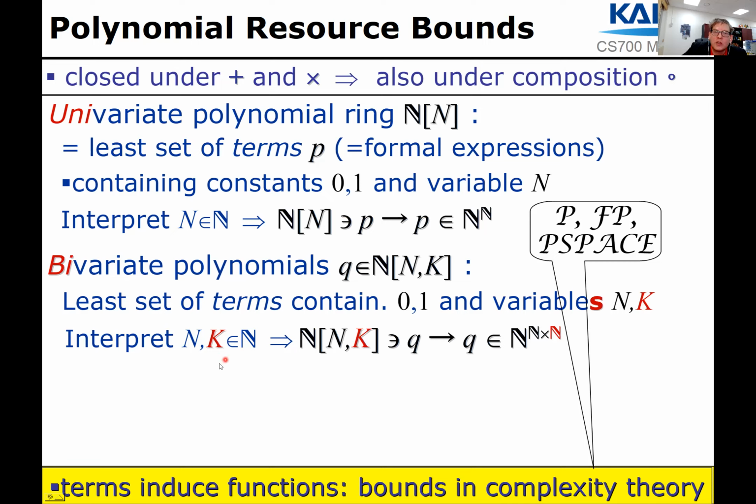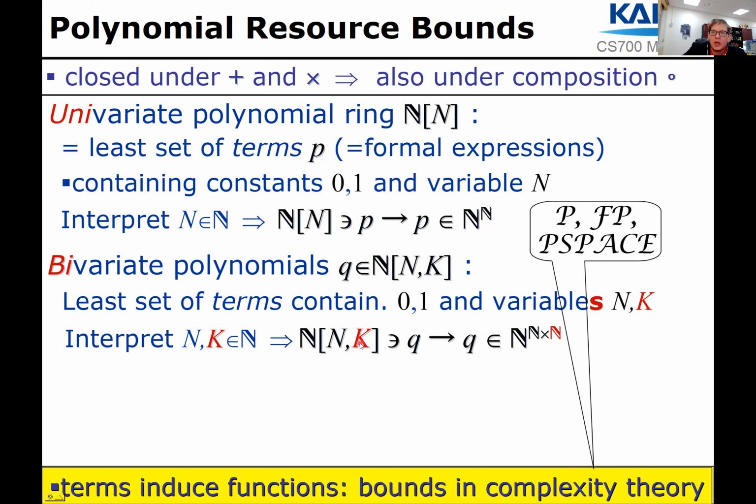Bivariate polynomials induce bivariate functions when we interpret both the variables n and k as natural numbers. Then the result will be another natural number. So this is a polynomial interpreted or identified with a bivariate mapping in two variables. And the red one here is the newly introduced secondary complexity parameter k.